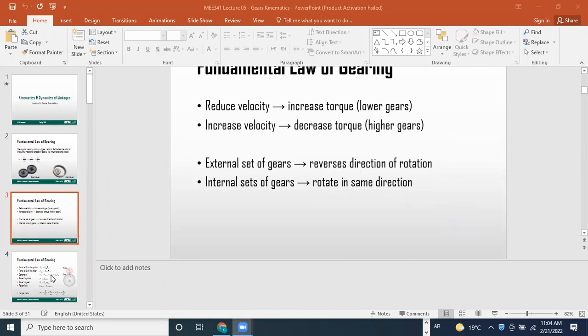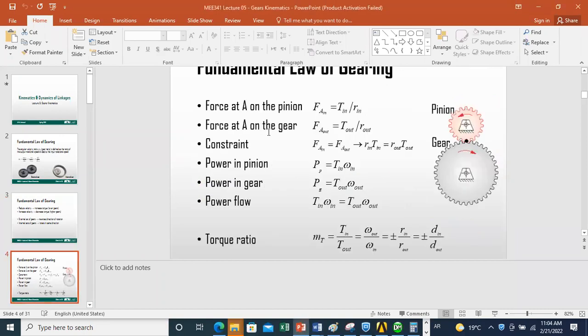Now, let us go back to the fundamental laws of gearing. If you consider just two gears in contact, we name the smallest one as pinion, the largest one as gear, and we have some constraints due to the meshing of these gears. The first constraint is common linear velocity.